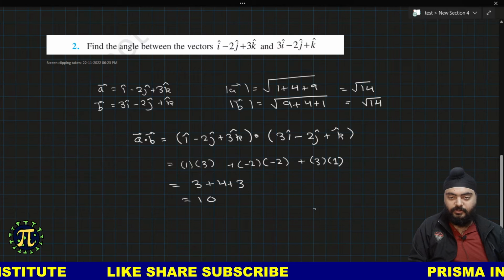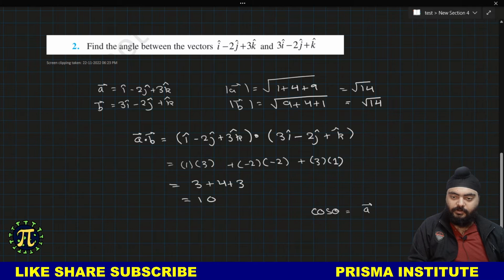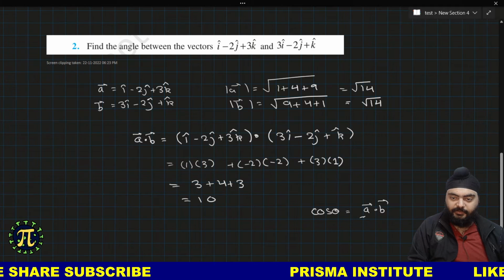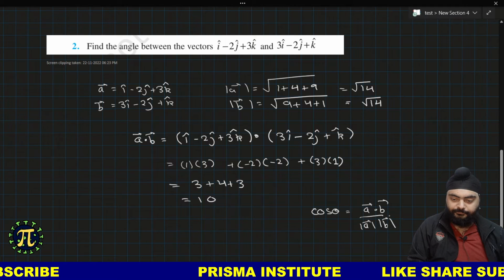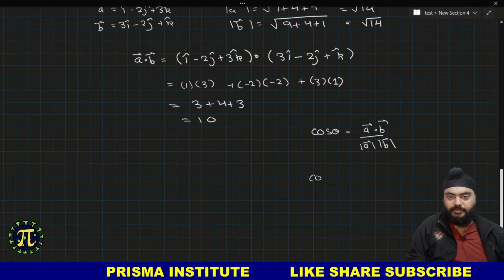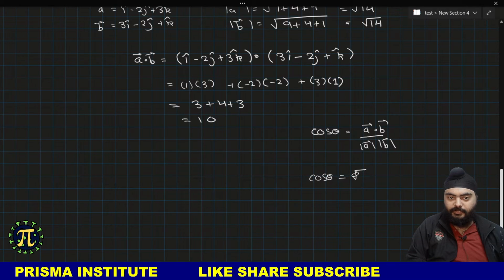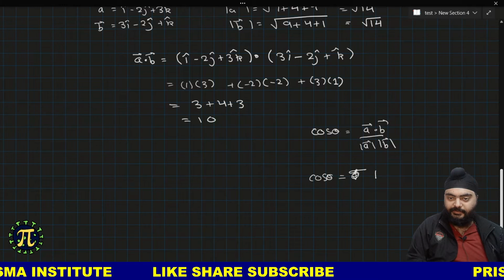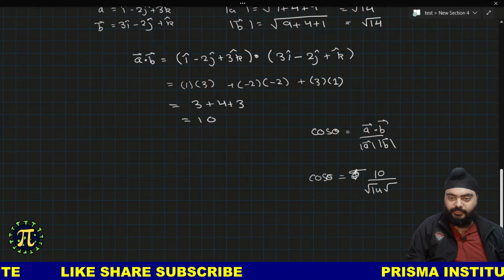Okay, so cos theta by its definition is A dot B divided by length of A and length of B, right? So we find cos theta is equal to, A dot B is coming out to be 10, right? 10, and length of A is √14, length of B is √14.